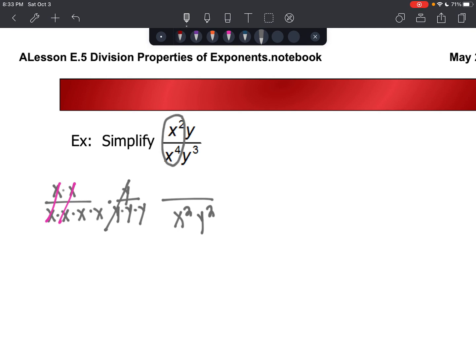So x to the second power over x to the fourth is x squared in the denominator, and y over y cubed is y squared in the denominator. And what's left in the numerator? We can always put a 1.